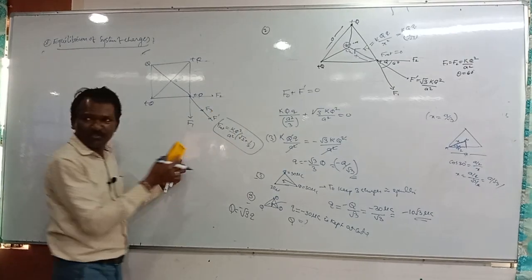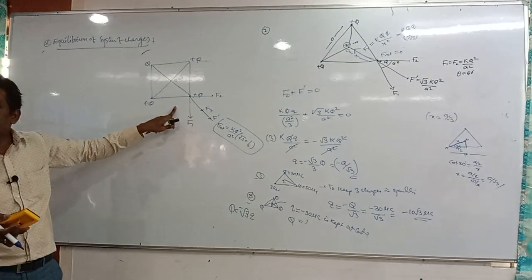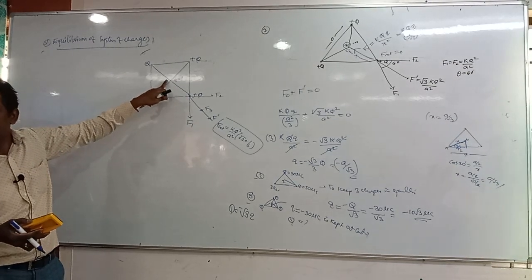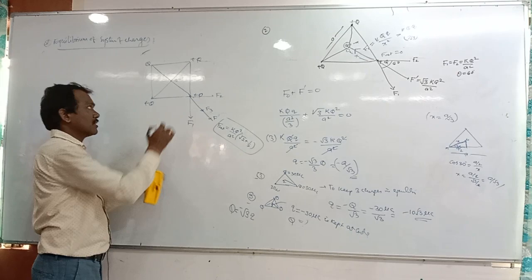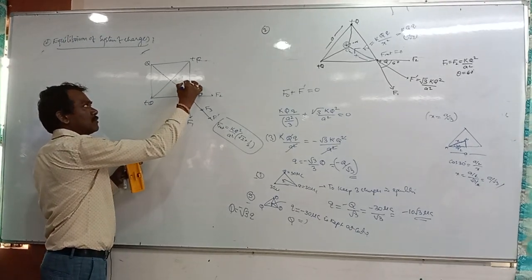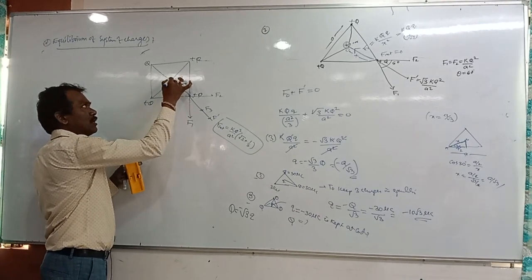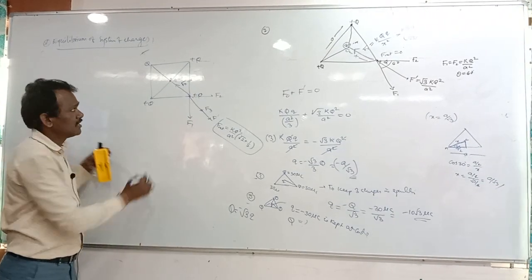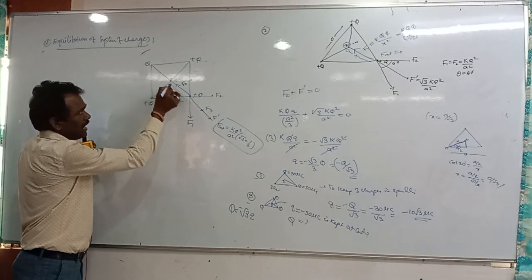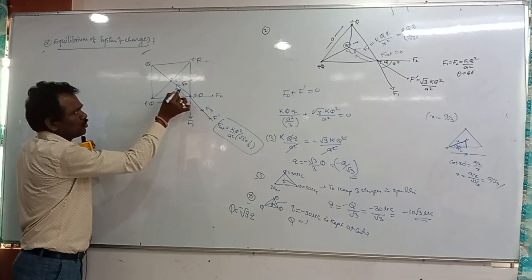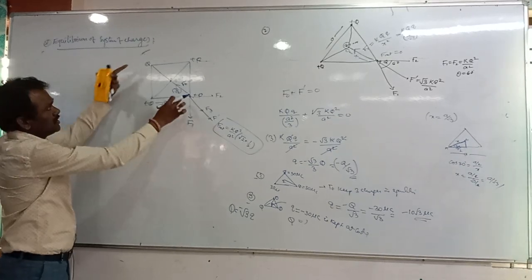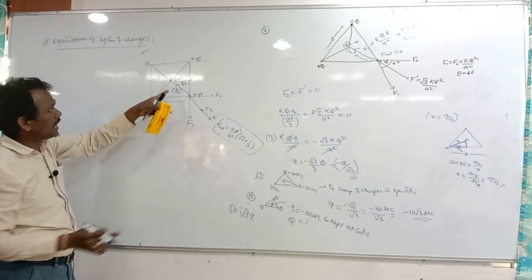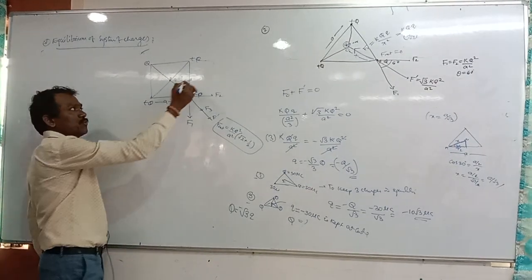What is the concept here? What do we have to do to make these four charges be in equilibrium? The same amount of force is required in the opposite direction. That is F naught, isn't it? Here Q naught is there. What is the F naught formula? This is a side A, and the distance will be A by root 2. The diagonal from here to here is root 2 A, and half of root 2 A is A by root 2. Then what is the force here?